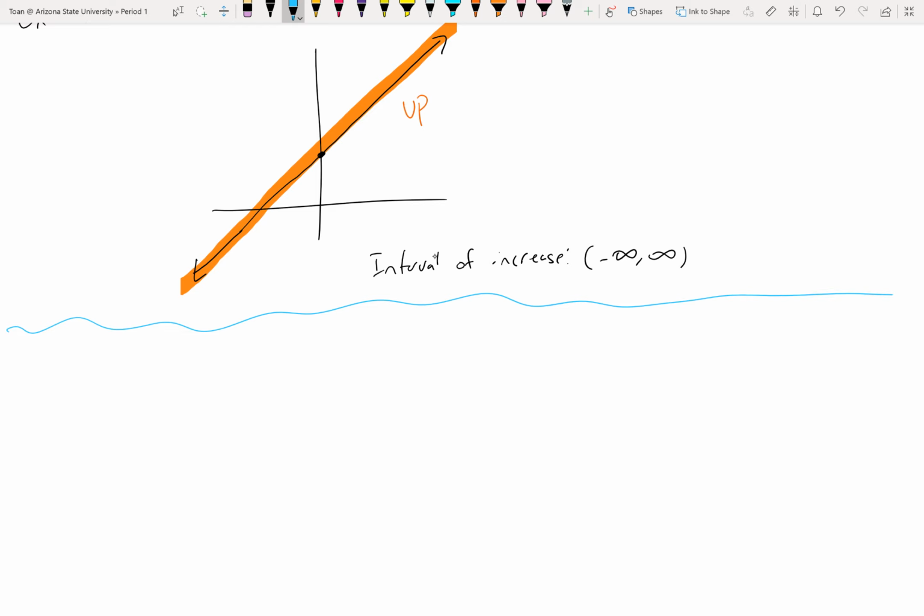But the official definition of increasing and decreasing is this. F of x is increasing if and only if f of x sub 2 is greater than or equal to f of x sub 1 when x sub 2 is greater than x sub 1.